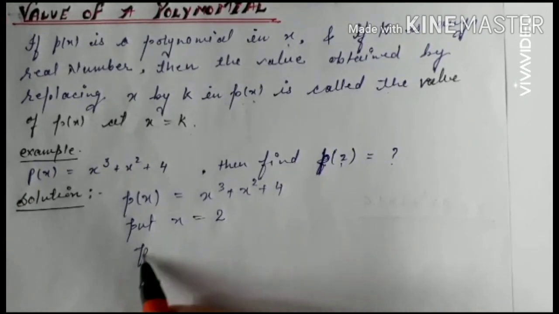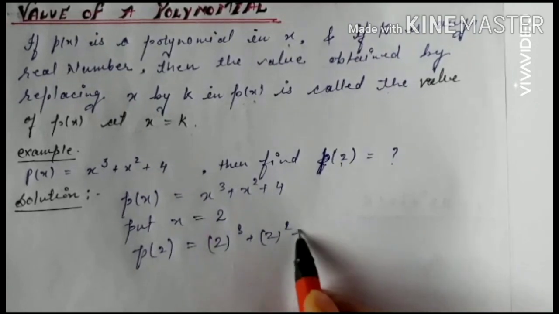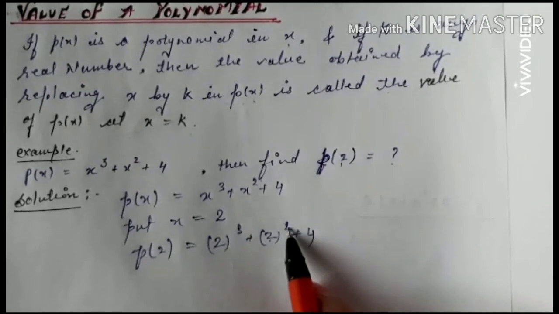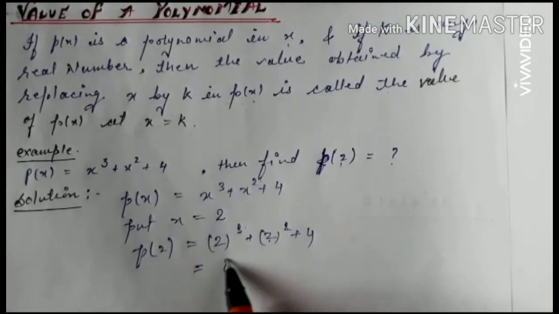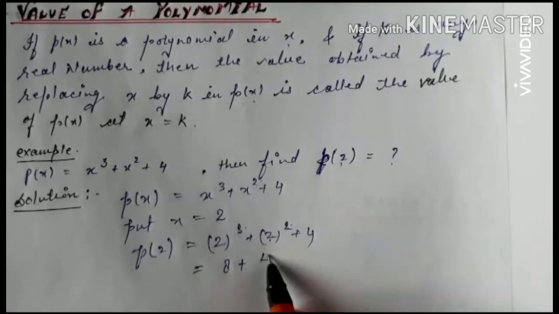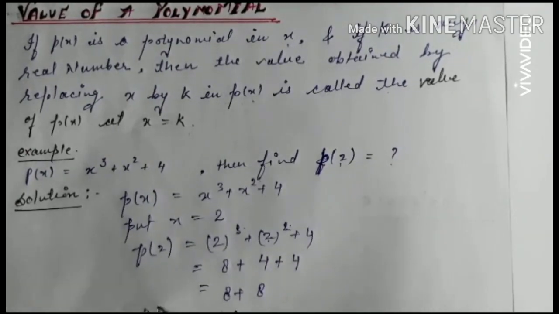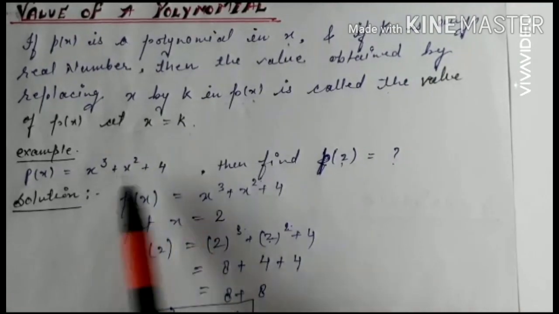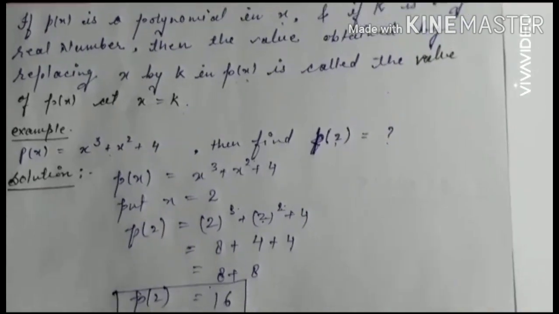It will be p(2), which we can write as 2 cube plus 2 square plus 4. Now simplify: 2 cube is 8, 2 square is 4, plus 4. Now add: 8, 4 plus 4 is 8, so it becomes 16.